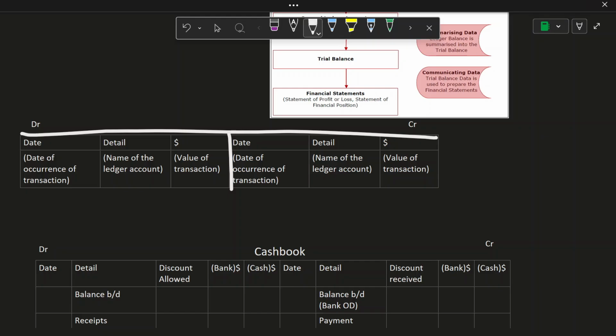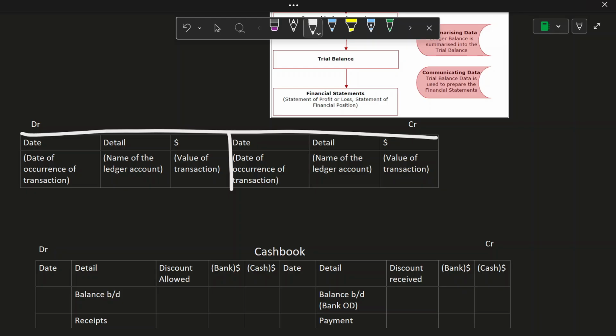The aspects that you need to keep in mind are the date, detail, and amount. These go on both sides as shown. The date is basically the time of the occurrence of the transaction. As for the detail, here the name of the ledger account goes.